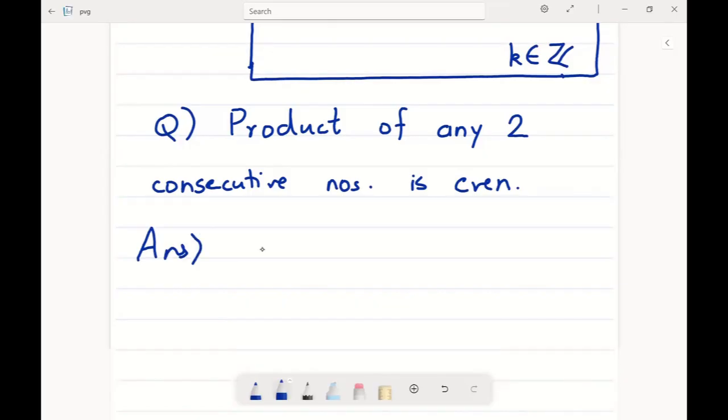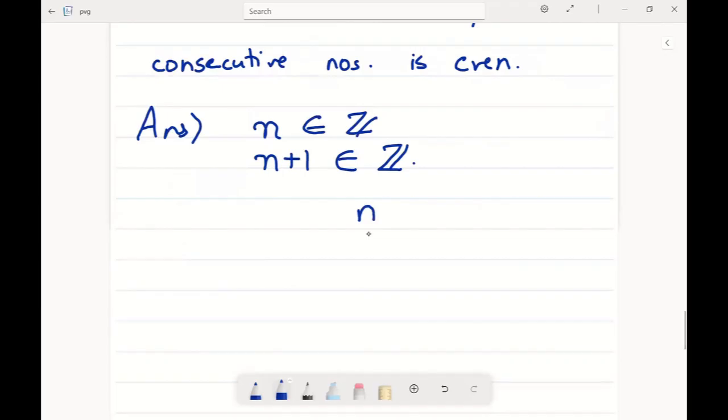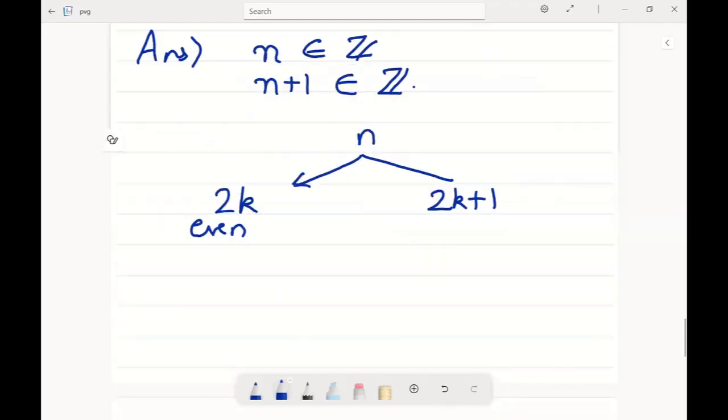Okay, so let's try to quickly justify it. Now we know that if n is an integer, then n plus 1 is also some integer. Now n has two choices: n is either even or n is odd. If n is even, then what will be n plus 1? n is 2k, and n plus 1 is 2k plus 1.